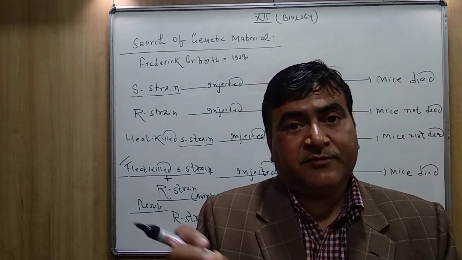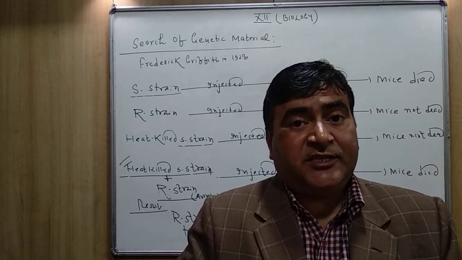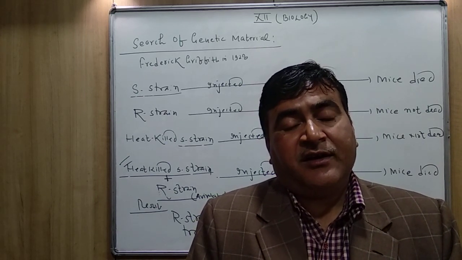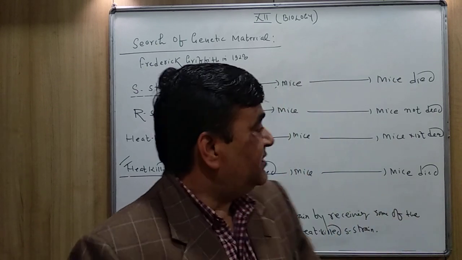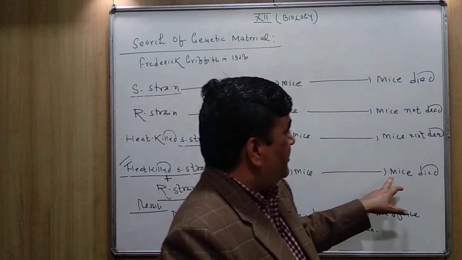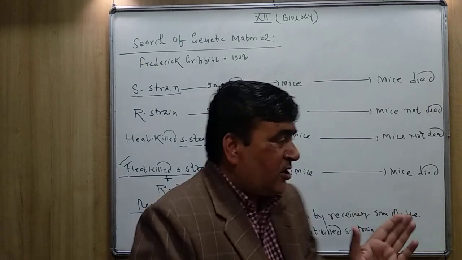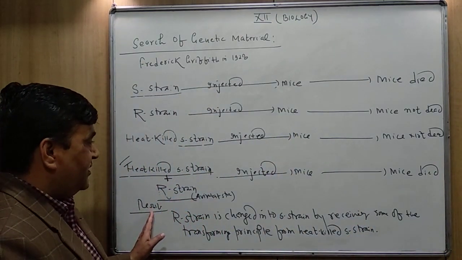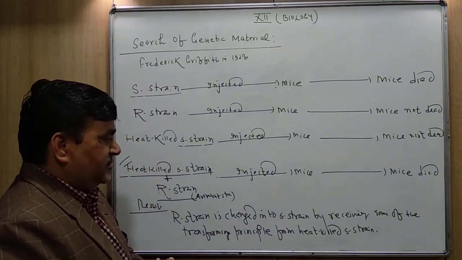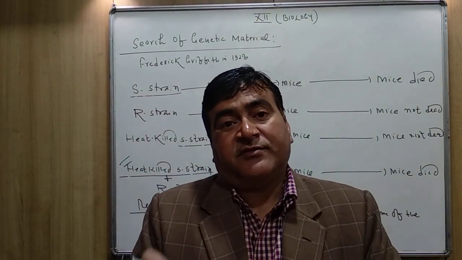That transforming principle can change the R strain to the S strain, and that's why the mice died. So overall, he concluded the R strain is changed into the S strain by receiving some of the transforming principle from the heat-killed S strain, and this is called transformation.